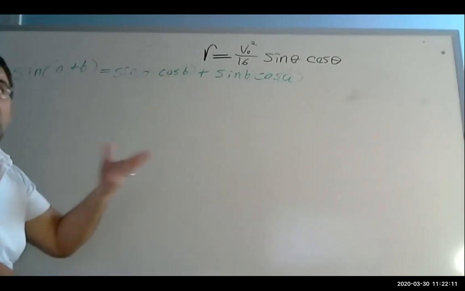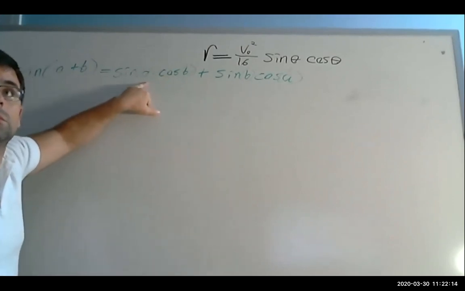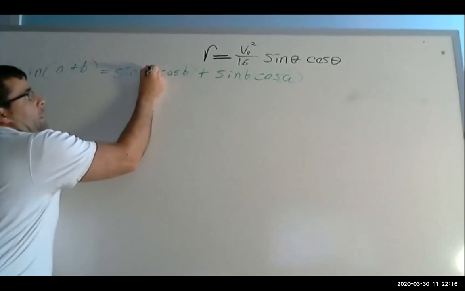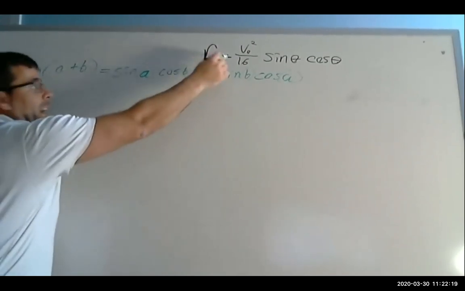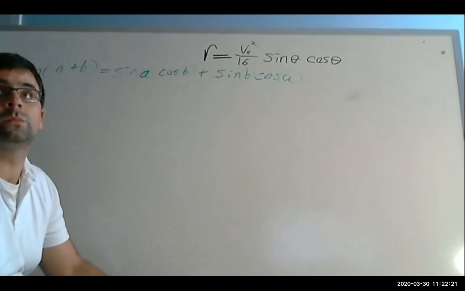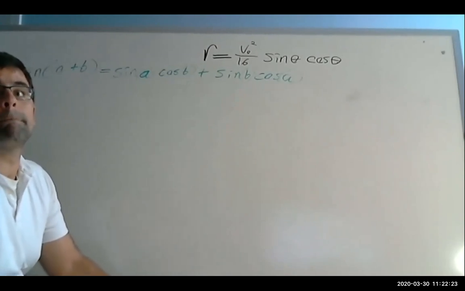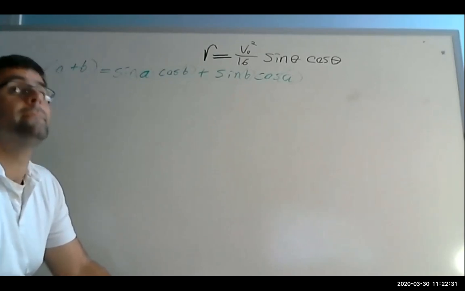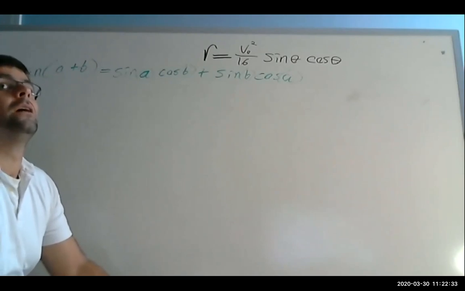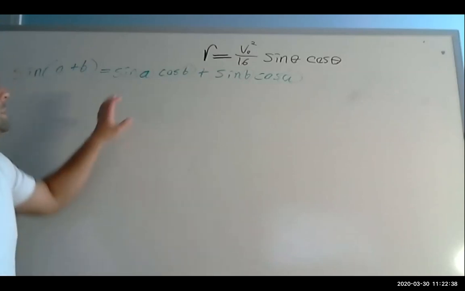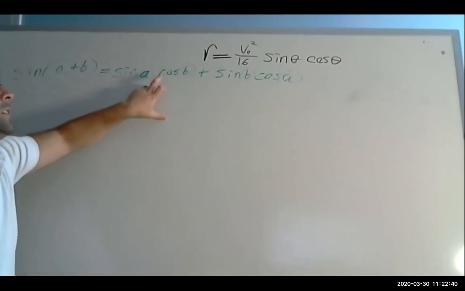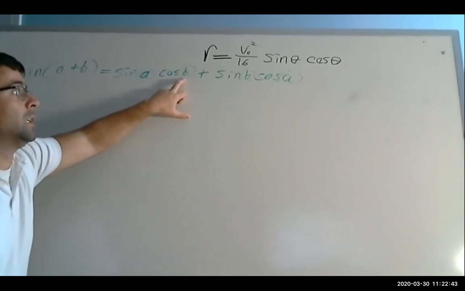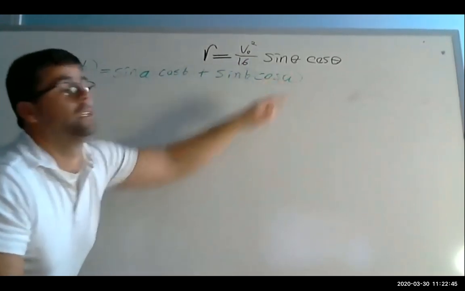Well, what is A in this case? What is A in the black equation? Sine of A, cosine of B. What is A?